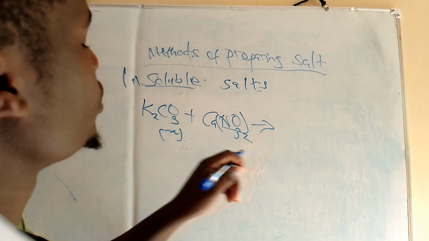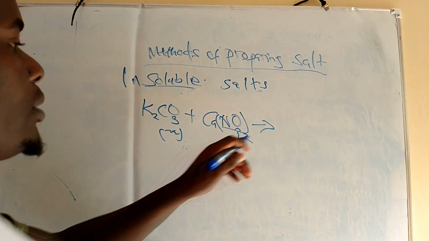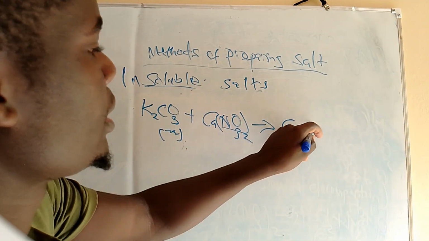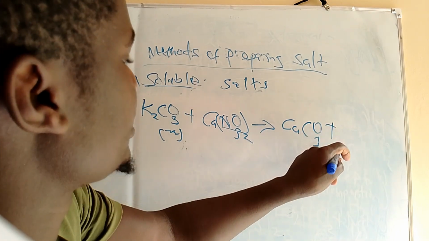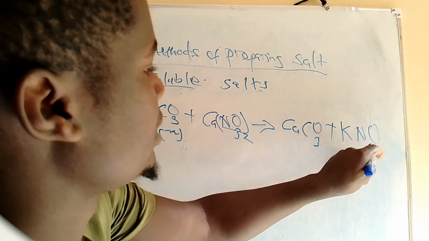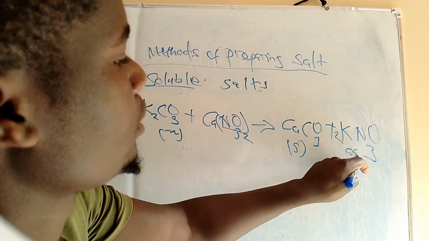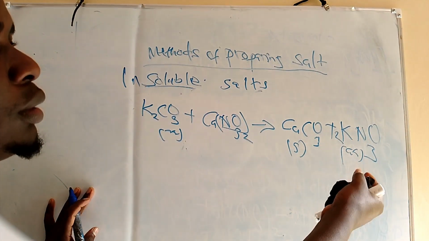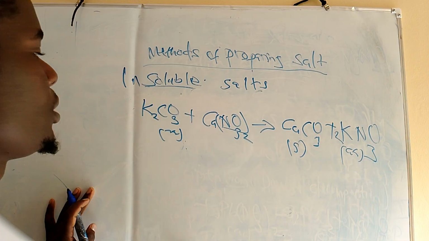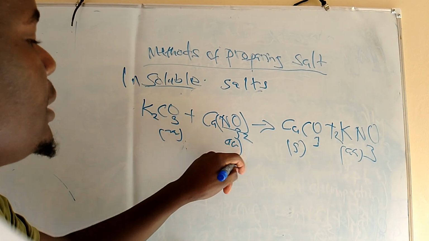So what we are going to have, they interchange the ions. We will have calcium carbonate plus potassium nitrate. You balance state symbols. This one is aqueous from the knowledge that all nitrates are soluble. Even this one is aqueous.